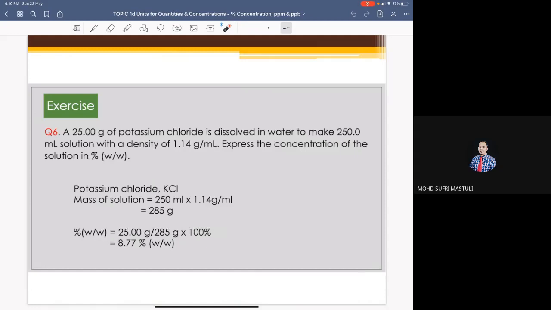So you should have the weight of solute and also the weight of the solution.